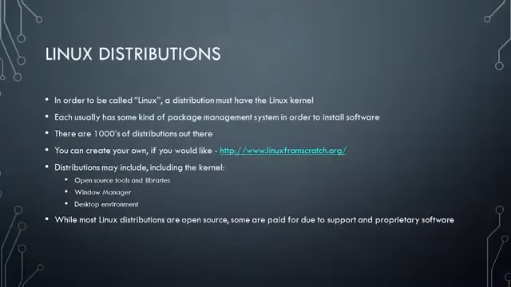So in order to be called Linux, again, we have to have the Linux kernel. We have different forks of the Linux kernel. We could run version 2, version 3, all kinds of different versions out there. So the kernel is constantly being updated by hundreds of developers all over the world.